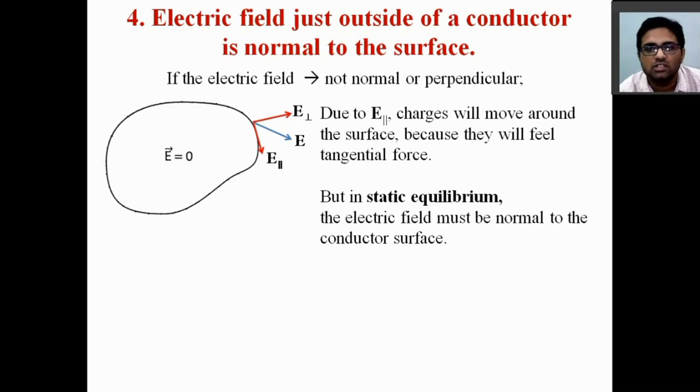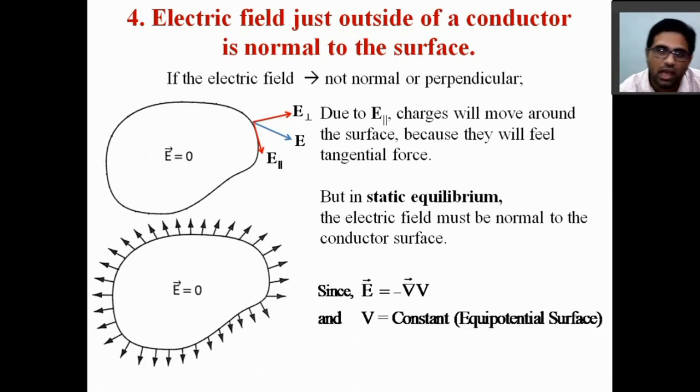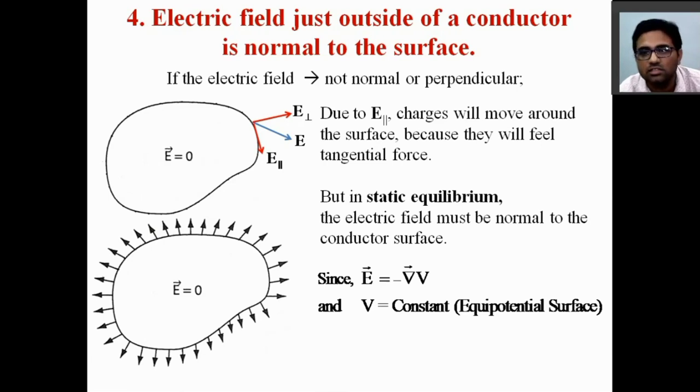We can justify this in a different way also. As we know, the electric field is minus the gradient of the potential, and the conductor surface forms an equipotential surface, which means the potential is constant.